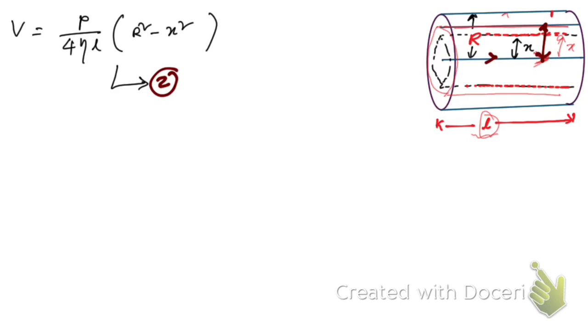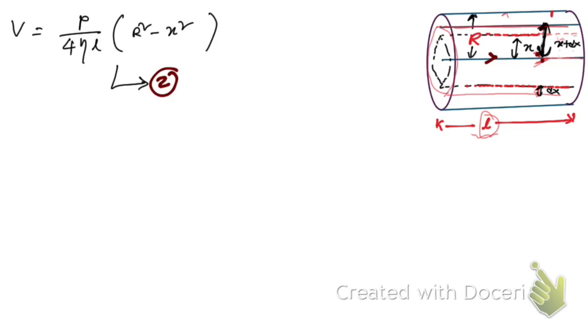This distance is dx. If you consider that way, then its radius will be x plus dx. Let me write what I have considered here.